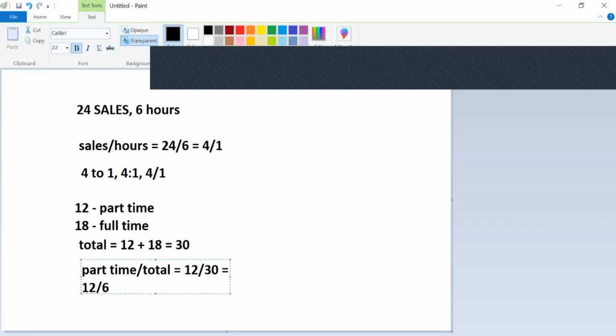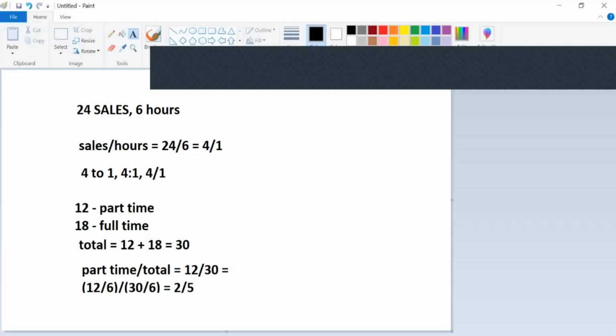Again, it's hard to annotate this, but this is what you would do. Divided by the 30 on the bottom. And so it'd be 30 divided by 6, right? So 12 divided by 6 is 2. 30 divided by 6 is 5, right? Yes. That makes sense? So you can write this 3 different ways.